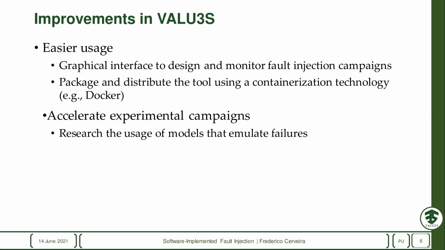As such, under the Values project, our goal is to improve the usability of UC exception by implementing an easy-to-use graphical interface for designing new fault injection campaigns and monitoring their progress. We also plan to distribute UC exception using a packaging or containerization technology so that installing the fault injection tool in a new system becomes a trivial process.